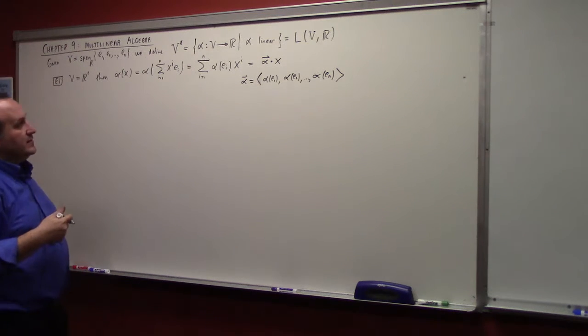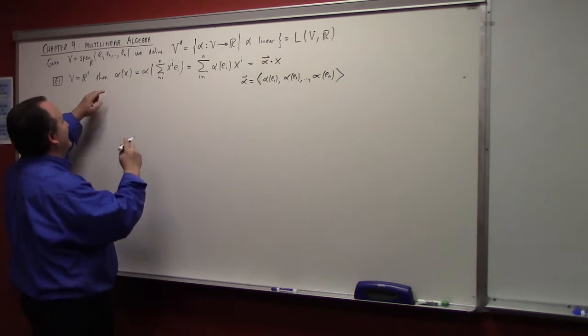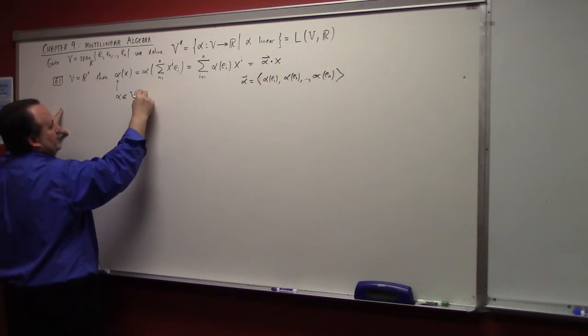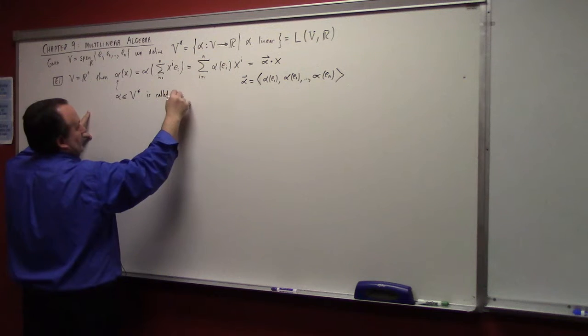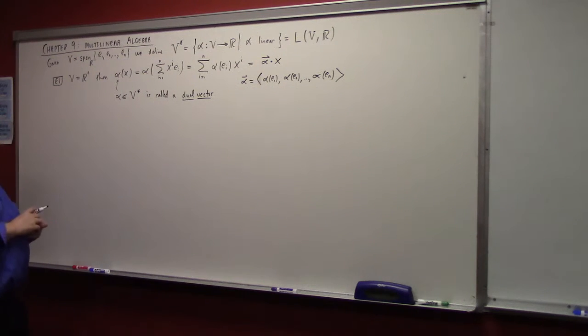So in this sense, there's an obvious correspondence between vectors and something in V dual, which is called a dual vector. So this alpha, not the alpha vector, but this alpha, an element of V dual, is called a dual vector. All right, so in R^n, we could always just play this kind of silly game, all right?